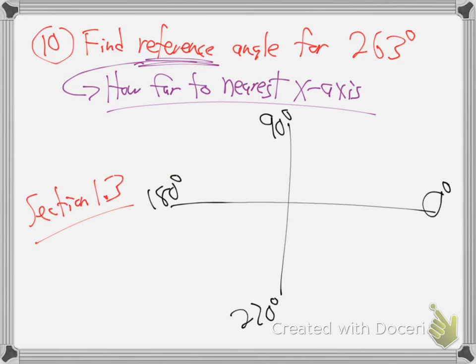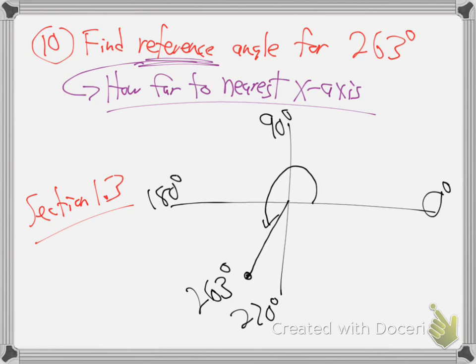So where's 263? Somewhere about right here, almost to 270. Good enough, I just want to get which quadrant it's in.